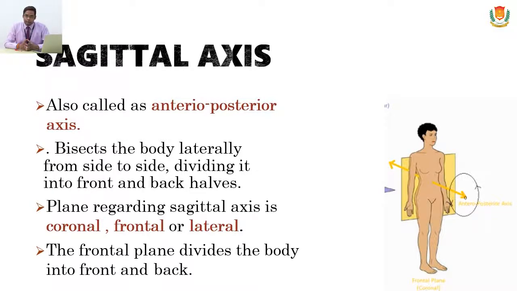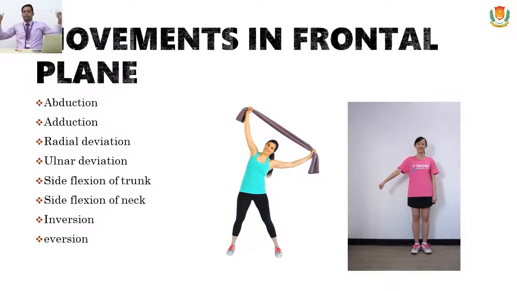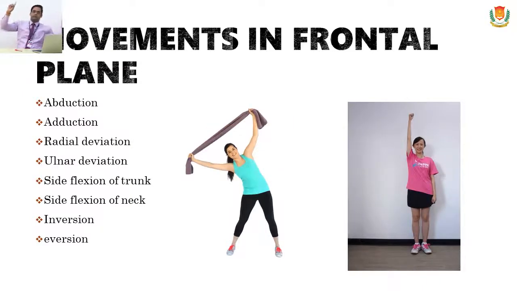Okay, coming on to a very important part and probably the last part of this session today. It will suggest what movements occur inside the human body in the frontal plane and around the sagittal axis. All the movements that include abduction, adduction, and side bendings to the right and left.